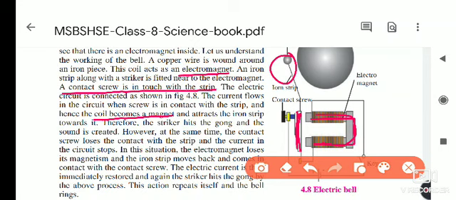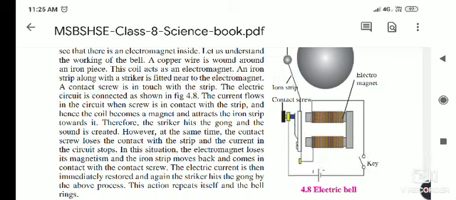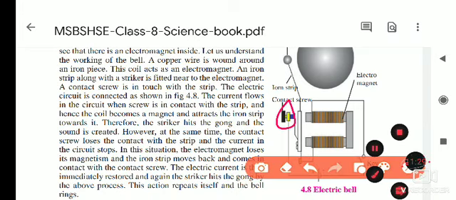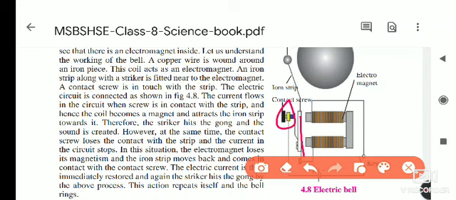However, at the same time, the contact screw loses contact with the strip.